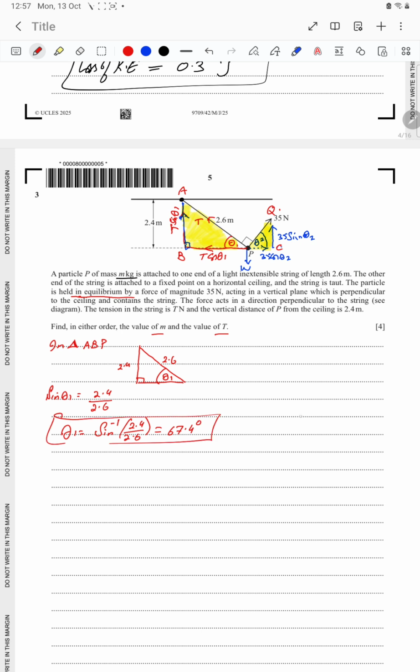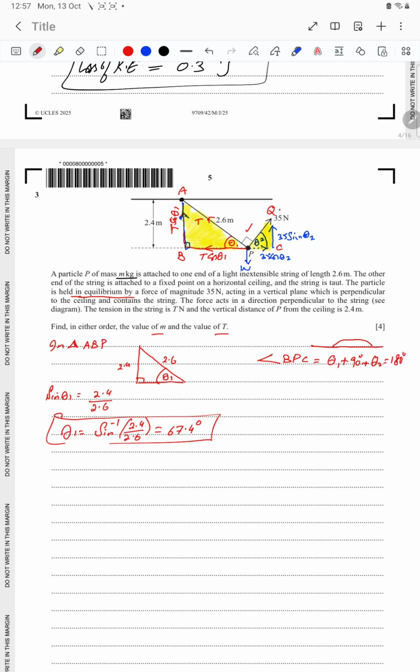Now we know the sum of angles on a line is 180 degrees. So angle BPC, because this is angle on the line, theta 1 plus 90, because this is 90 degree, plus theta 2 will equal 180.